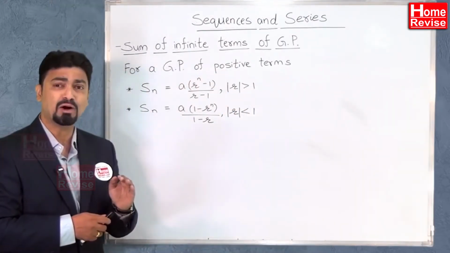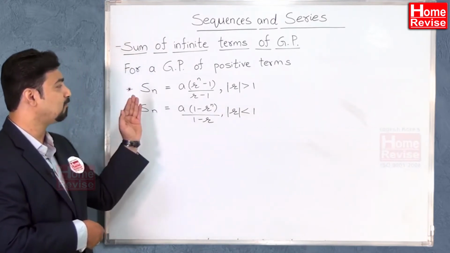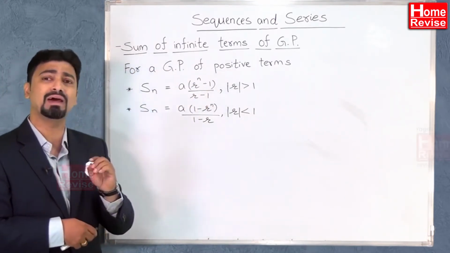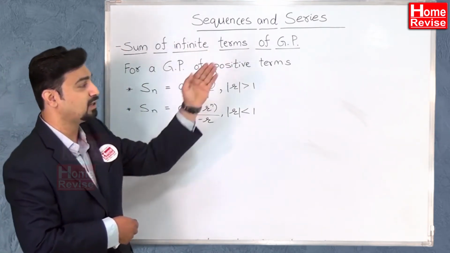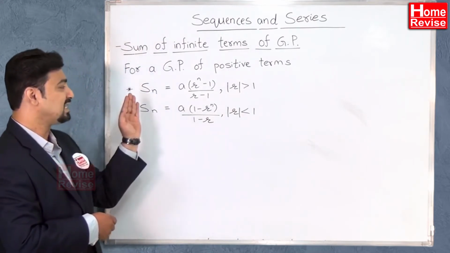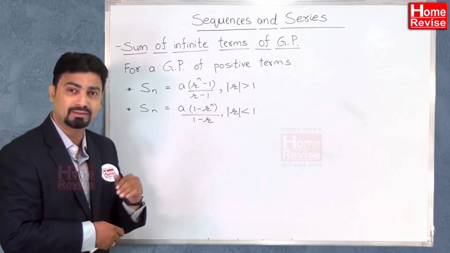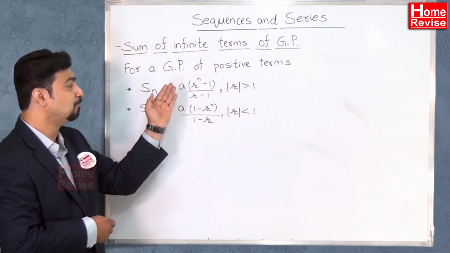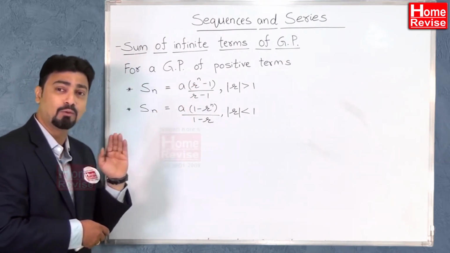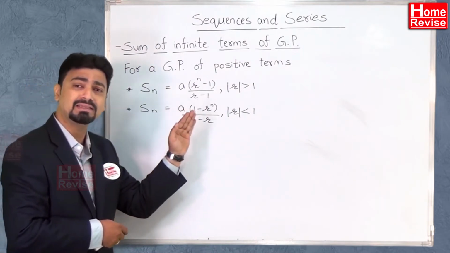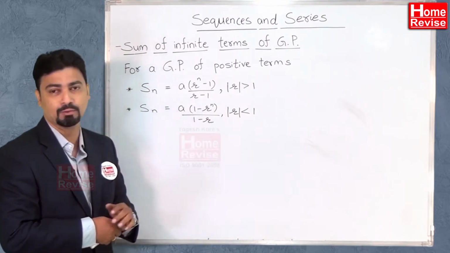Let's see. For the sum of n terms of GP, the formulas that we had derived were, the first one was for a GP of positive terms. So here we are considering GP of positive terms because we are further going to find the sum of infinite terms of GP. So for Sn, when mod r was greater than 1, that is the common ratio was greater than 1, the formula for Sn was a into r raised to n minus 1 upon r minus 1, and the same Sn was equal to a into 1 minus r raised to n upon 1 minus r when mod r was less than 1.